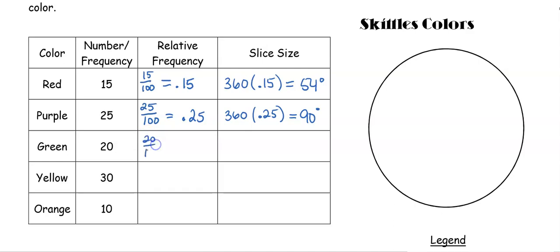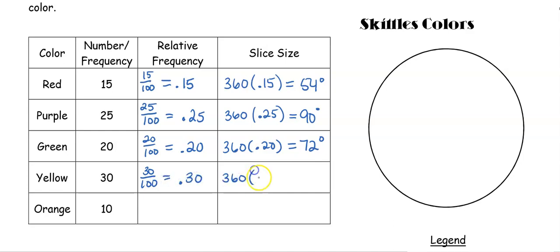Green accounts for 20 of the 100, which is 0.2. So we're trying to find 20% of the whole circle, which gives us 72 degrees. There are 30 yellow, which is going to be 30% of our circle, which is going to give us 108 degrees. And last, there are only 10 orange, making up 10% of our circle.